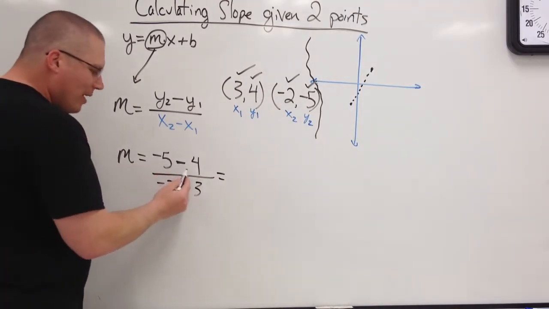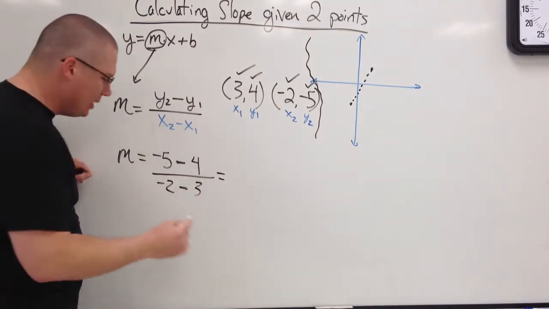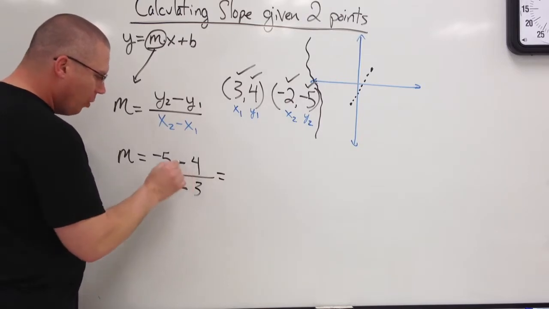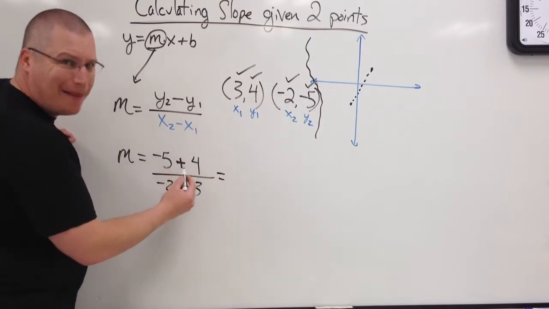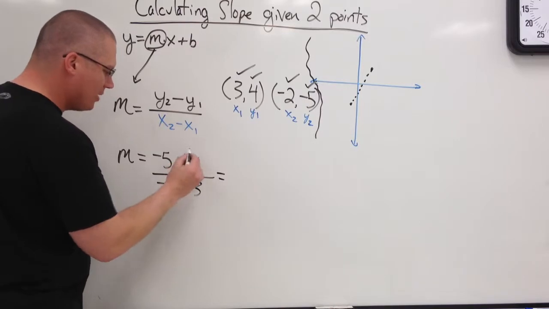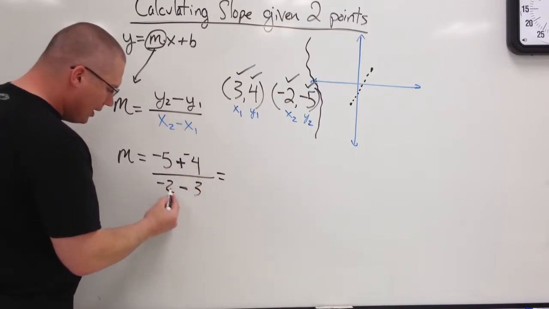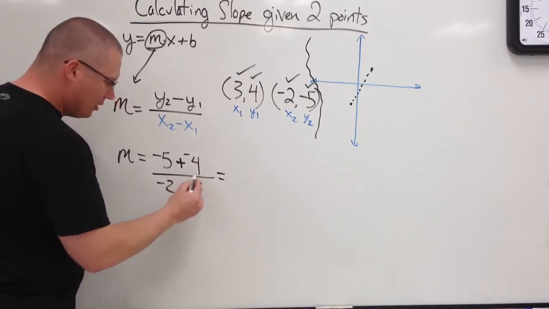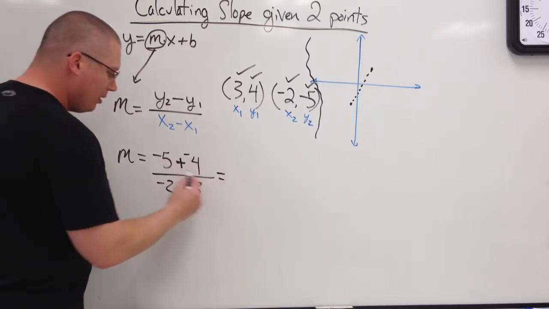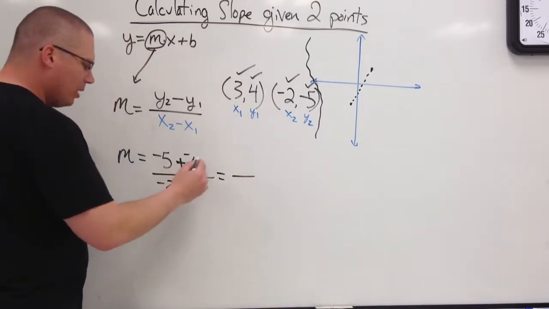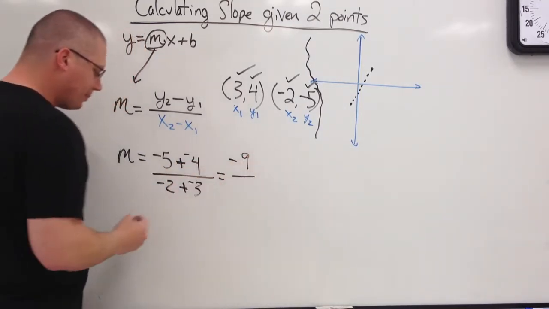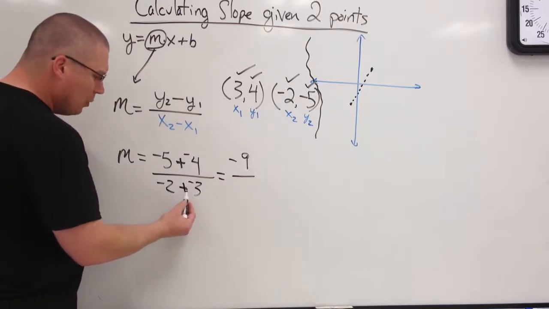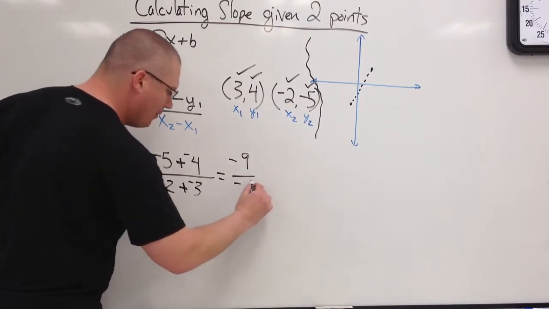Anytime we have subtraction, we always want to change it to addition. This was minus 4, turn to addition, take the opposite of the item that comes next. This now becomes plus -4. This was minus 3, this now becomes plus -3. So let's calculate across. -5 plus -4 is -9. On the bottom, -2 plus -3 is -5.